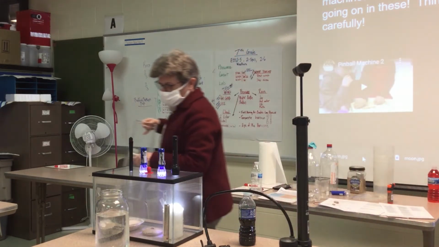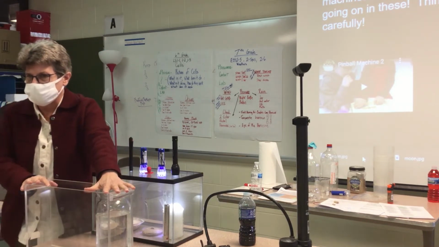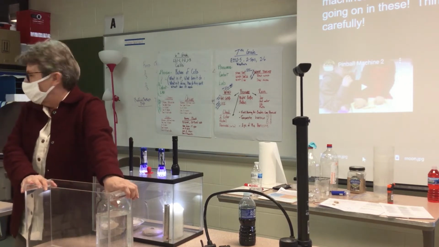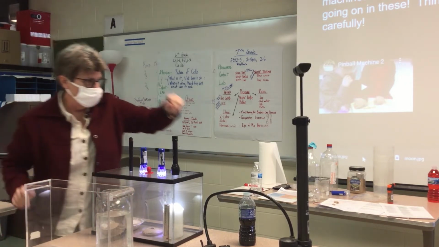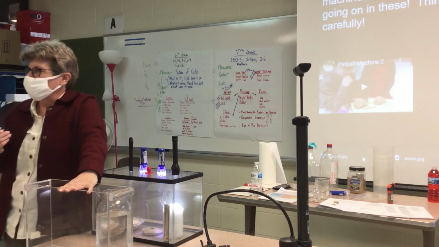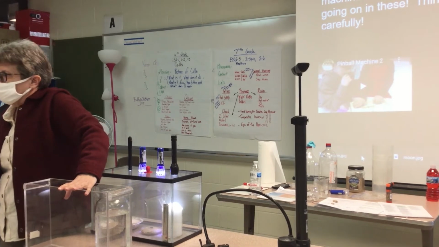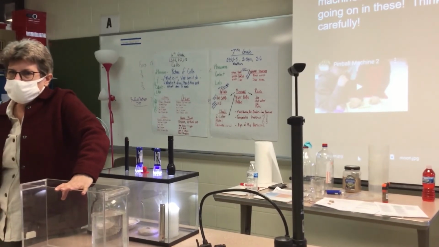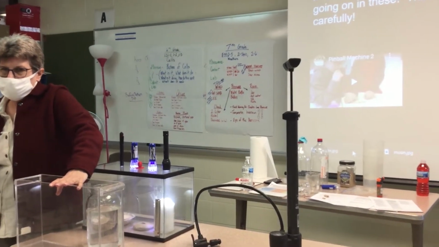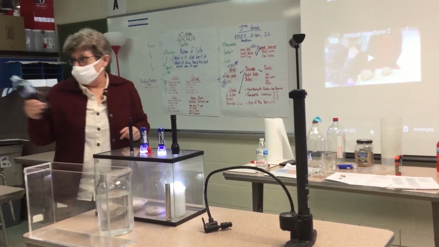I have this clear demonstration tank, and I would fill it about three-quarters full of water, and I have made up some salt water. What I won't tell them is that fresh water and salt water have different densities, and that has an effect on the ocean currents. When those two meet, that affects the currents. That's what they're going to learn.